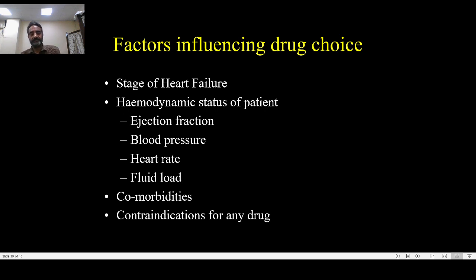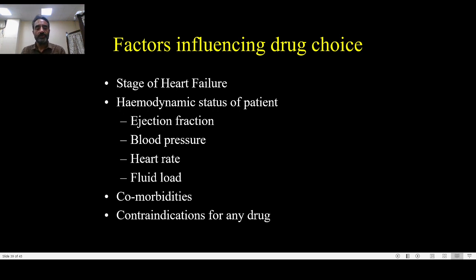What is the ejection fraction? Ejection fraction is the fraction pumped out of the left ventricle from the total blood that is there in the ventricular chamber. That fraction can be measured with echocardiography.